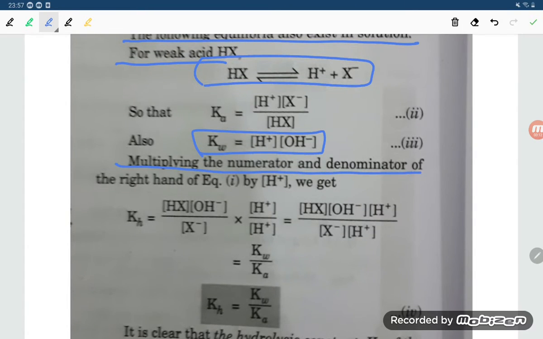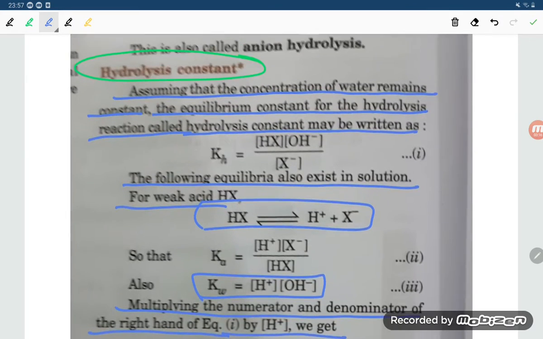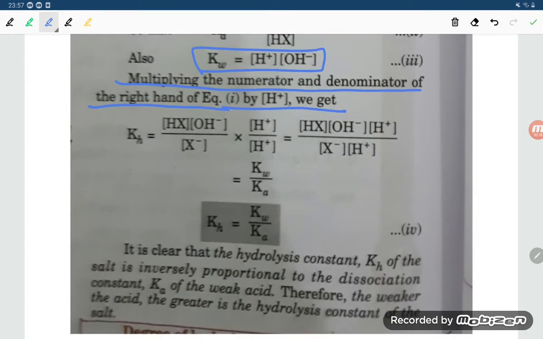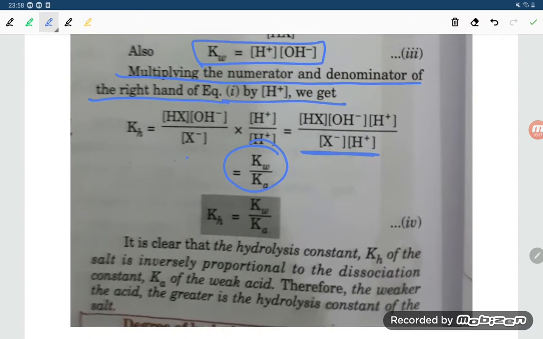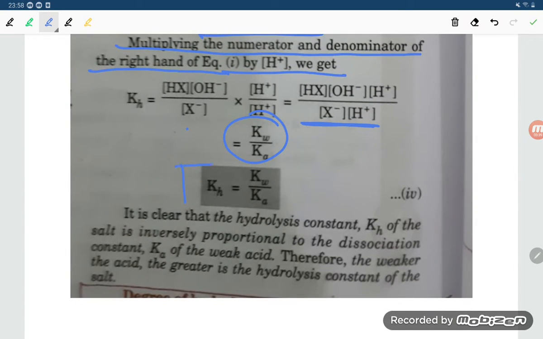Multiplying the numerator and denominator of the right-hand side of equation 1 by [H+], we get Kh = [HX][OH-][H+]/([X-][H+]), which gives Kw/Ka. So Kh = Kw/Ka.